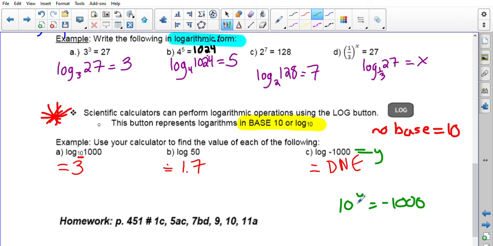There is no such y that exists. There's no positive base that when raised to an exponent would give me a negative answer. So this is how we know that would not exist, and that's why it makes sense.